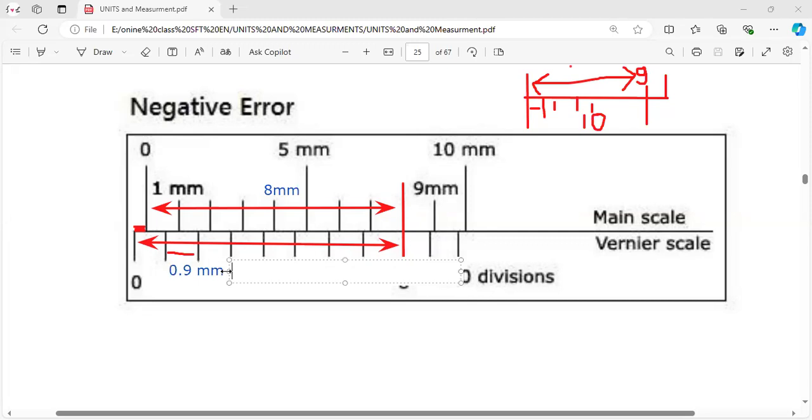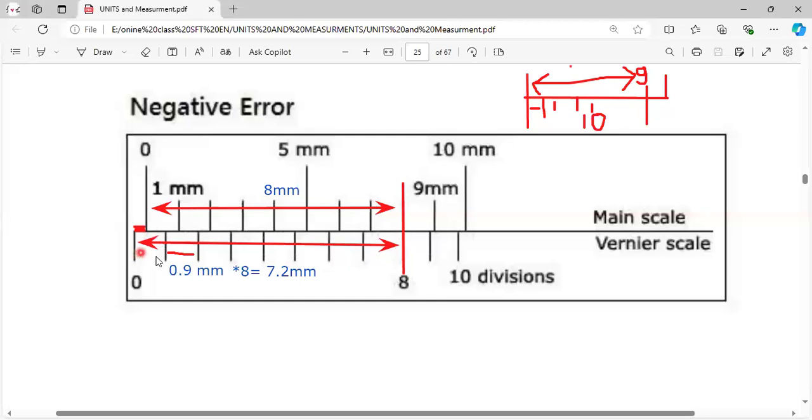And what may be the distance now? 0.9 millimeters multiplied by how many divisions? 8 divisions, right? Which means it is going to be 7.2 millimeters, right? Can you grasp what I have said right now?